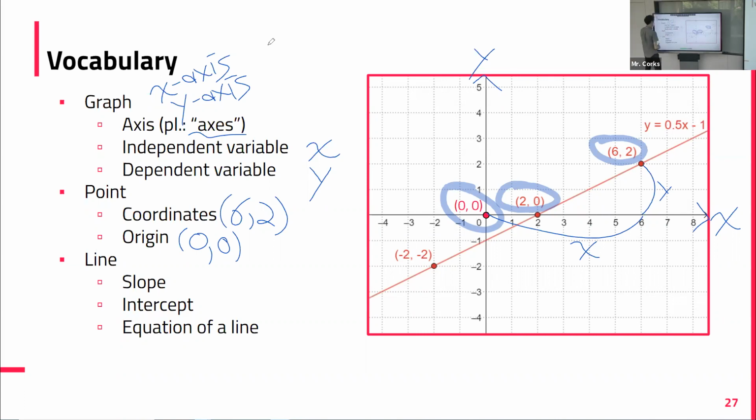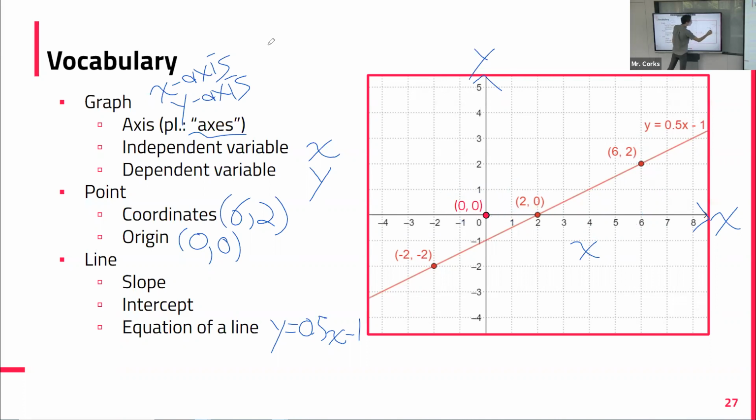Okay. A line is a line. The equation of a line, we talked about equations last time, so we can see that here, y equals 0.5x minus 1. So for this line, what are the intercepts?